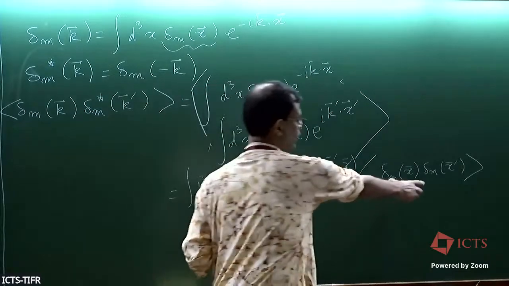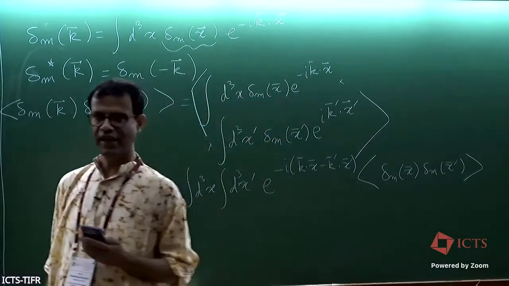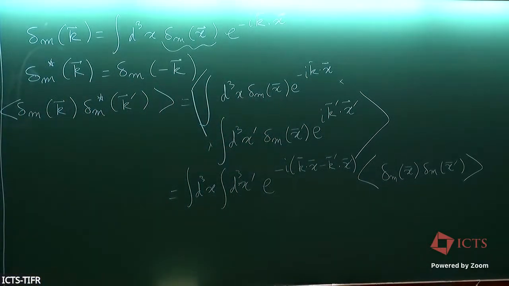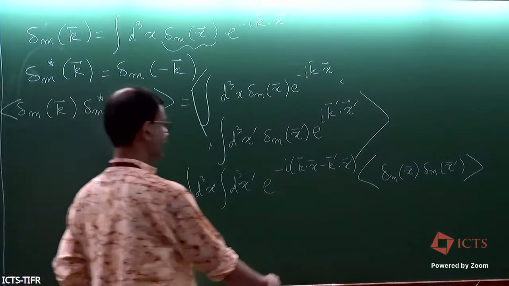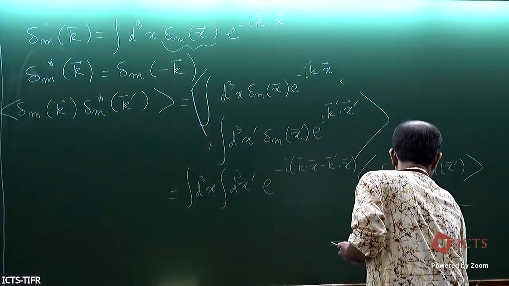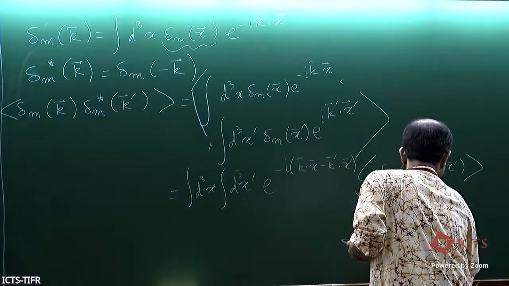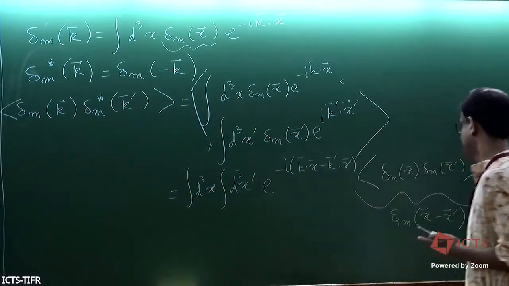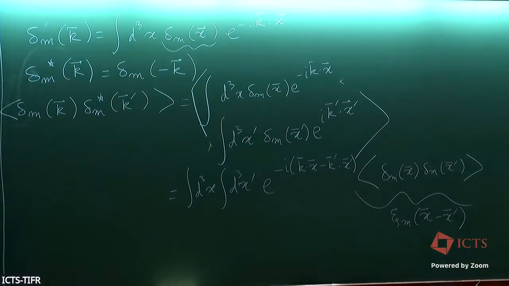So this would be the correlation function, psi of x1 comma x2 in general, or x and x prime in general. But because of homogeneity, this becomes psi of m of x minus x prime.